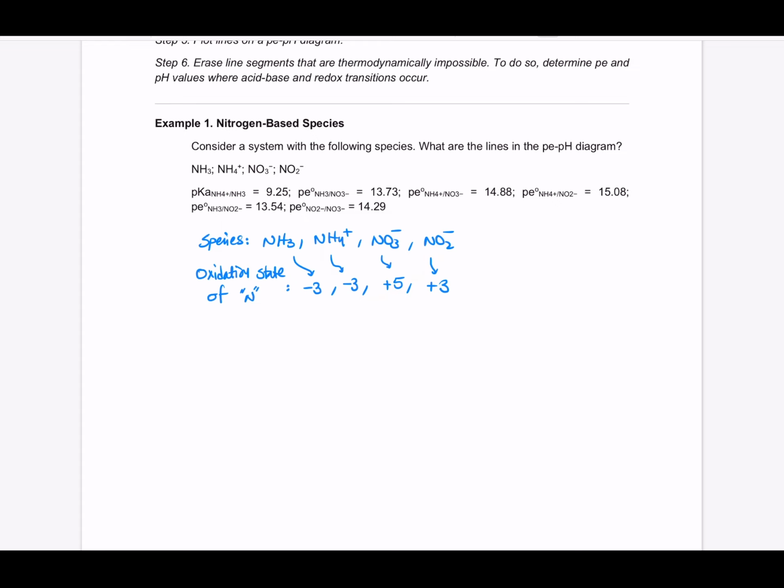So how many did we get overall? 6 reactions. So there are 6 different reactions that could involve these species. Out of 6, how many redox? 5 redox, 1 acid-base. The only acid-base is between the two that don't change, that is, there's no change in the oxidation state.